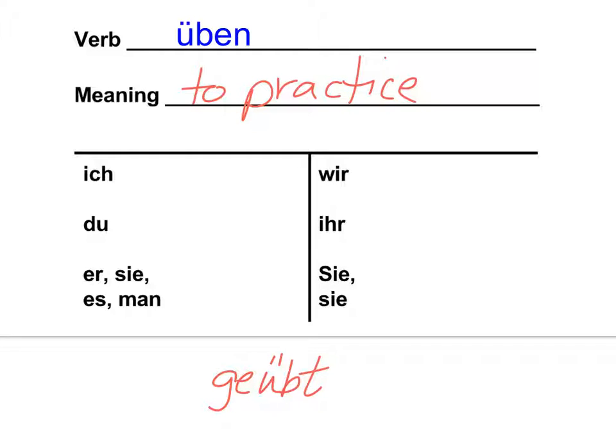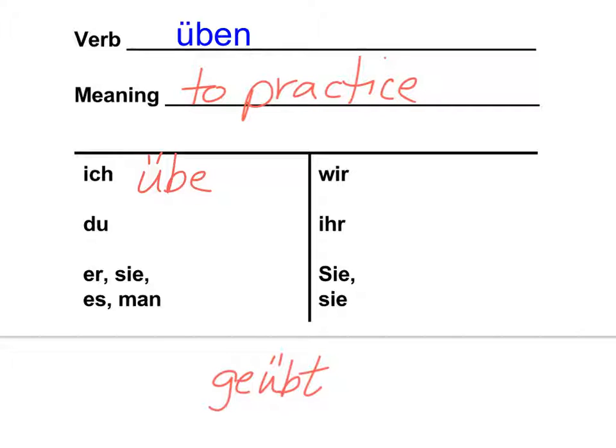You're going to take off the en as normal, which just leaves us with two letters, and then you're going to add your ending back on. So, ich is going to become what? Übe. Like ew, like it's gross. Ich übe. Everybody try that. Ich übe.